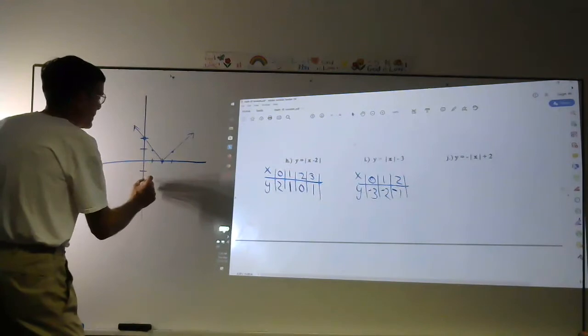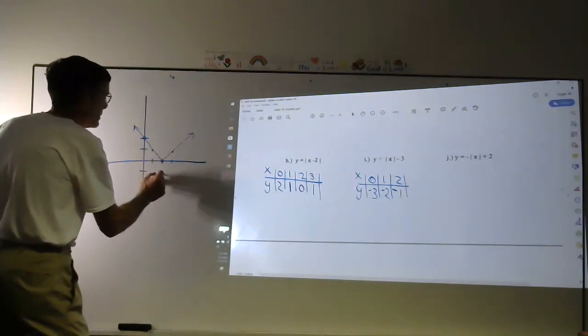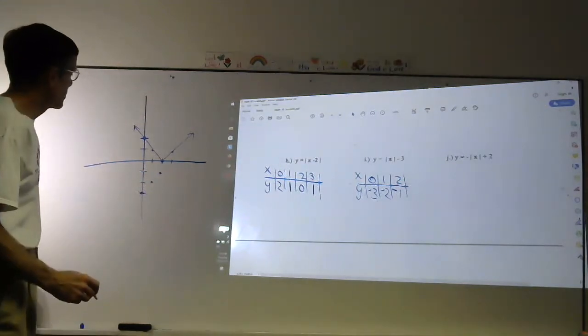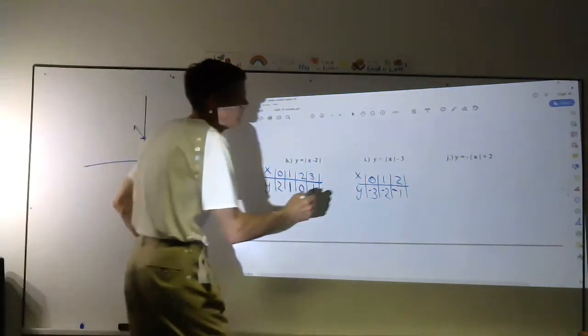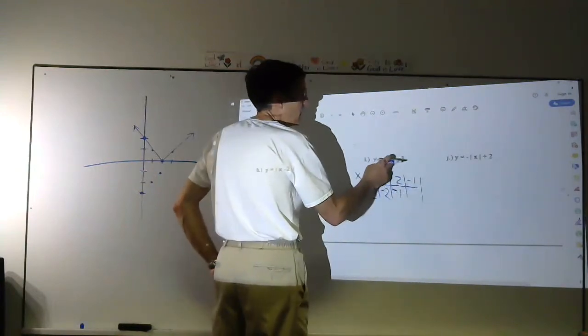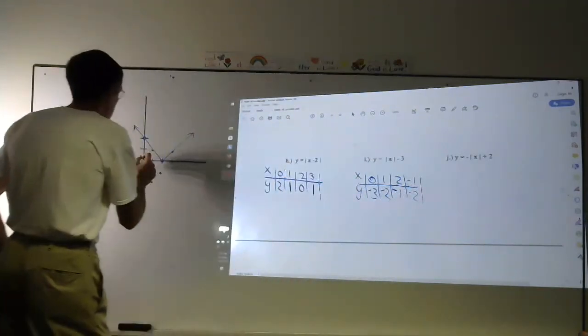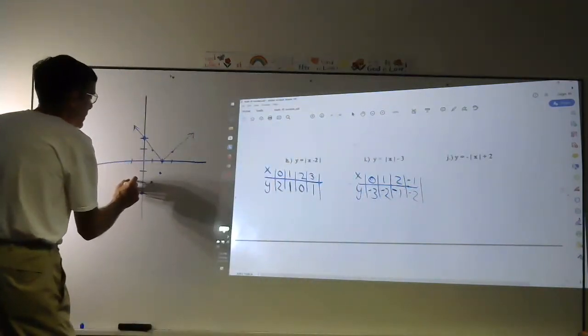I have 1 and down 2. I have 2 and down 1. Yikes. Now I wonder which way to go. Let's try a couple negatives. How about negative 1? Absolute value of negative 1 is 1. Minus 3 is negative 2. Negative 1 and down 2, and there it is.